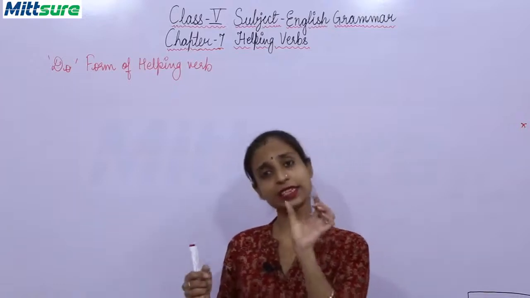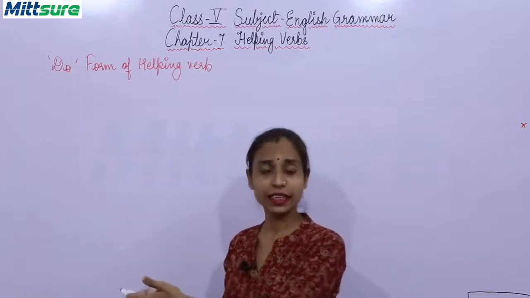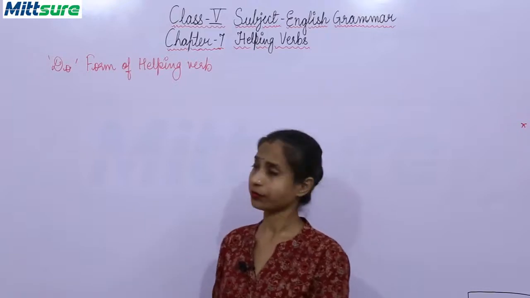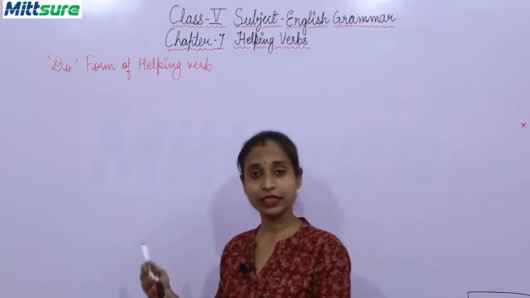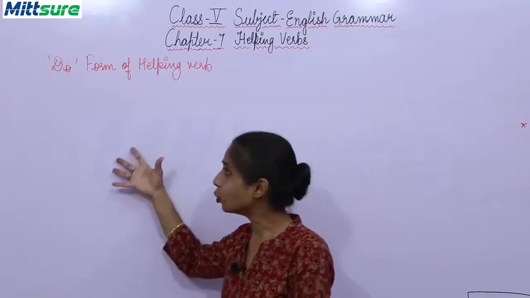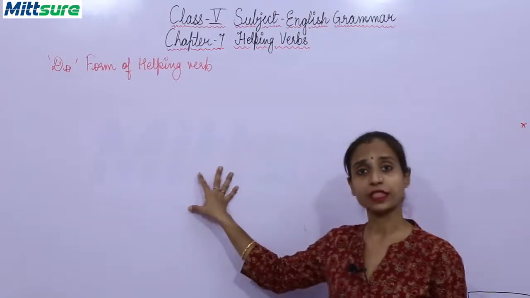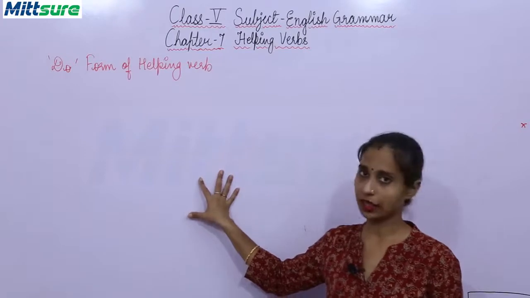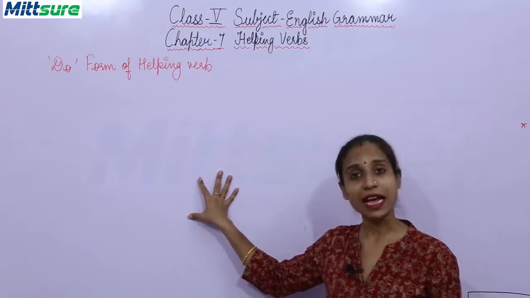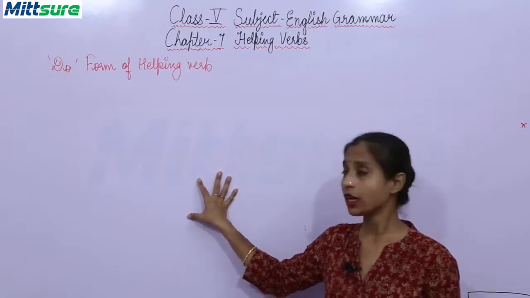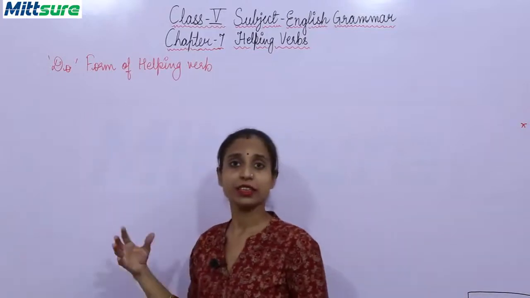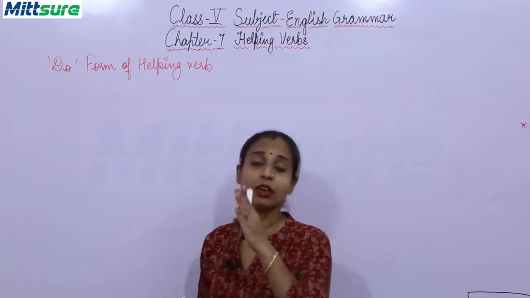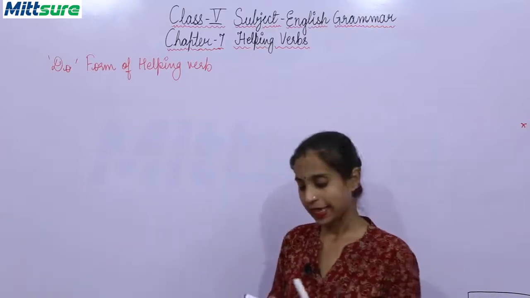In the same manner, do form of verb tells you about the work done, about the action. So, let us divide do form of verb on the basis of the three tenses.